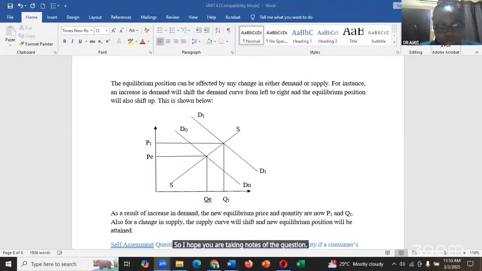What will happen to equilibrium when both demand and supply decrease?